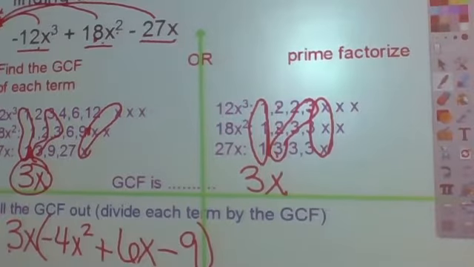So here we go. We're going to find the greatest common factor of all of these. x to the third power is just x times x times x. 5x squared is just 5 times x times x.